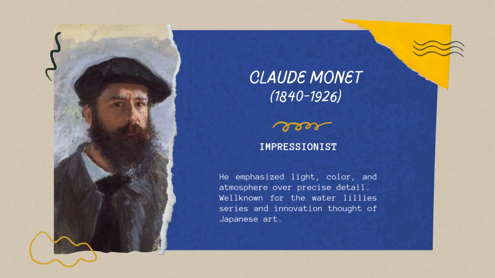And later in life, Monet created some of his most iconic works in his garden at Giverny, including his celebrated Water Lily series. And known for his experimentation and love for Japanese art, Monet's legacy continues to inspire artists worldwide. And his 1876 painting La Japonaise reflects the East-West cultural exchange that captivated Europe during his time.